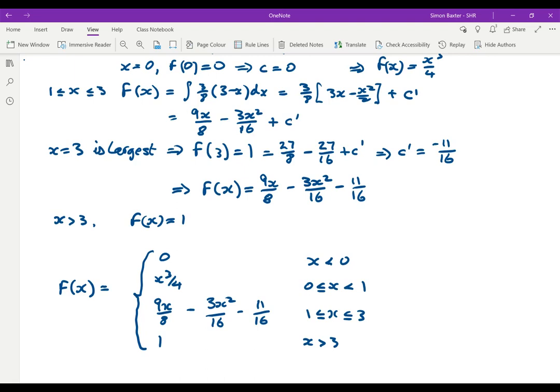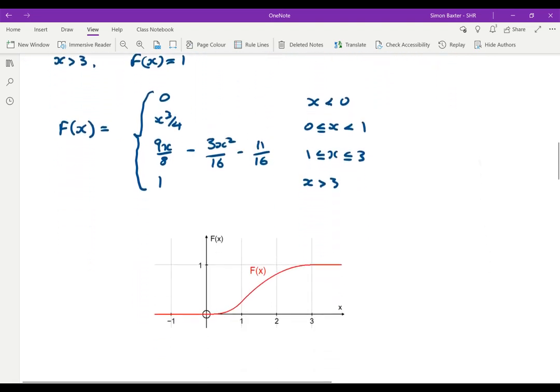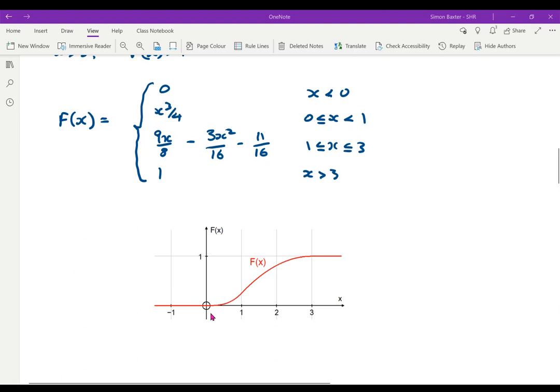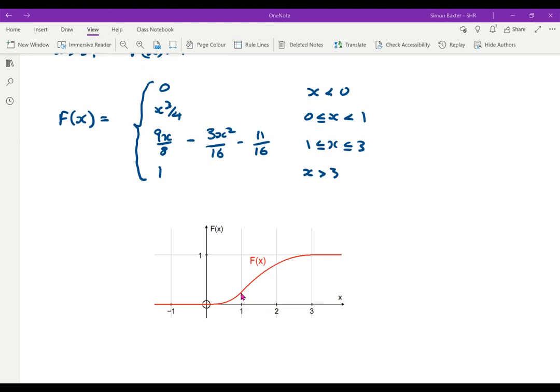And the graph of this cumulative probability function is here. Notice that it takes over smoothly at the end of each interval. Between 0 and 1, it's x cubed over 4. When x is 1, the next part of the graph, 9x over 8 minus 3x squared over 16 minus 11 over 16, takes over with the same value.